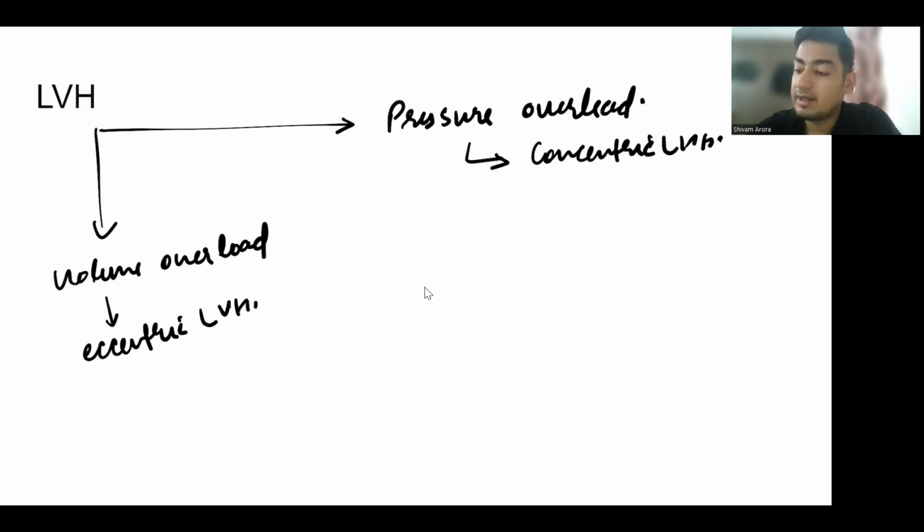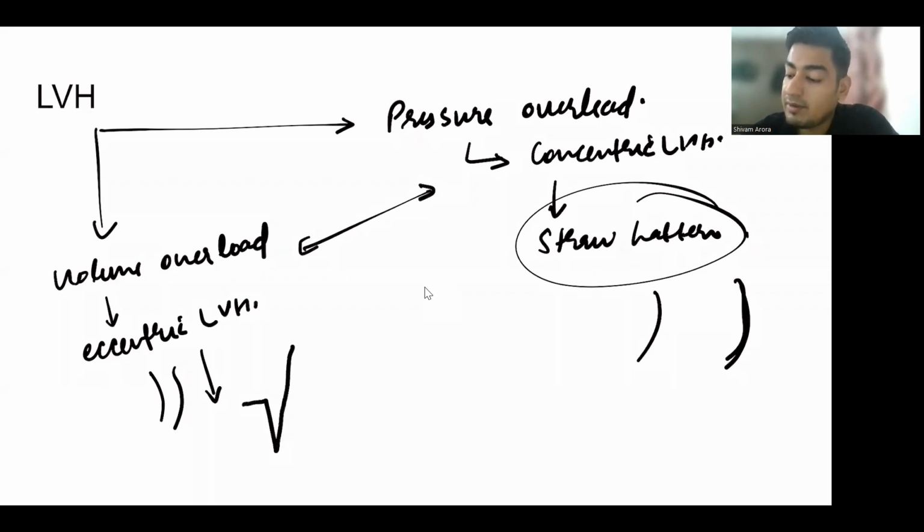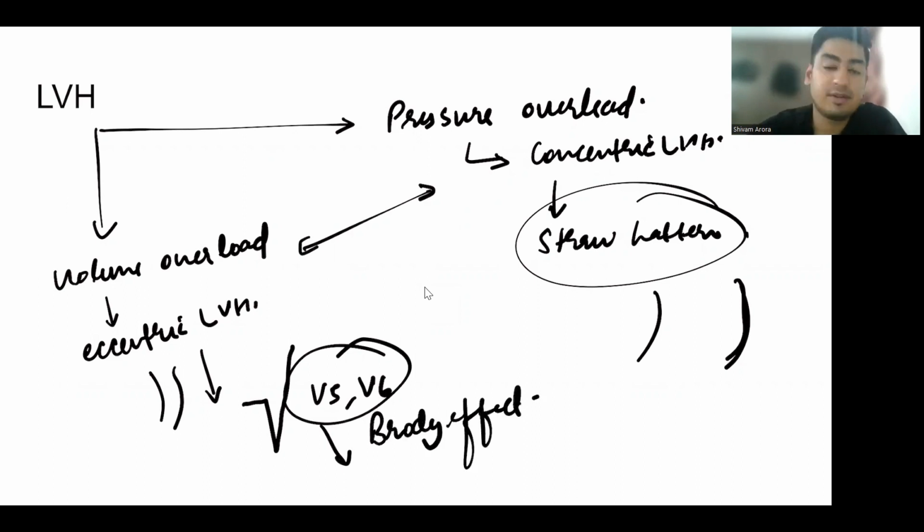So the criteria, that is Sokolov-Leon and Cornell's, will be applied to both, but in pressure overload there will be strain pattern, which is not seen in volume overload as the width of the muscle doesn't increase in volume overload. Okay. Also in volume overload, we'll be having deep T waves in lead V5 and V6. And the cause of these deep T waves is the Brody effect, which we will discuss later. Okay.